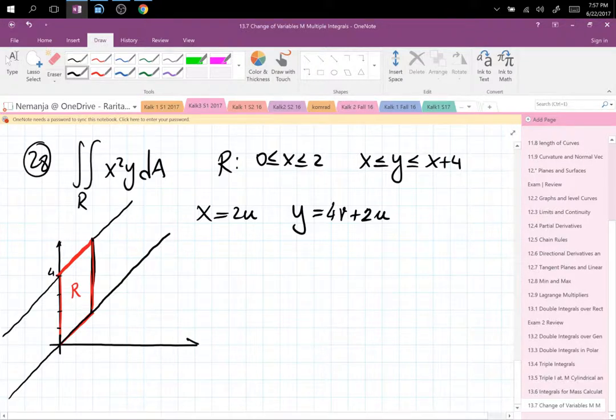Now this is in the XY realm. We want to change this into UV.